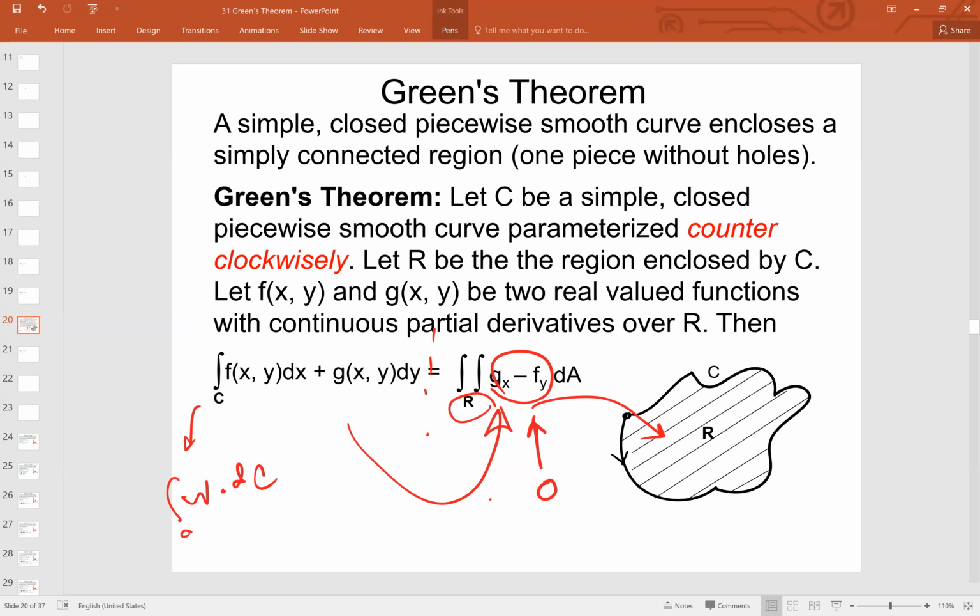For conservative fields, which come from a nice potential, the two mixed partials should be the same, so the difference is zero. So the theorem basically says that for conservative fields, the integral around a loop is zero, or that the field is path independent, which are equivalent statements.